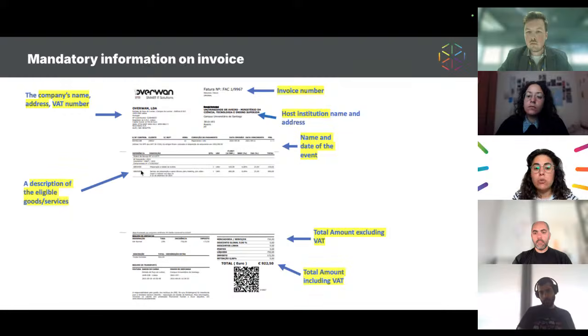In this case, it would be refreshments for the 25th of March, for instance, the invoice number, the host institution's name and address, the name and date of the event, a total amount without VAT, and a total amount with VAT.